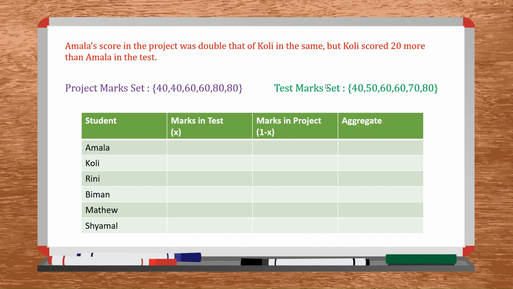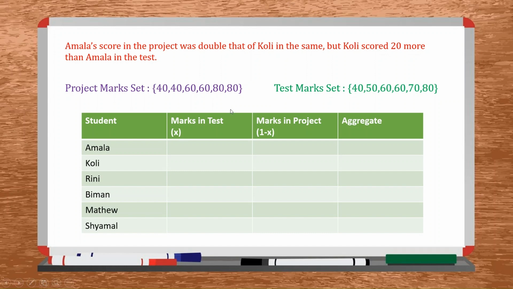So now, first thing is Amla's score in project was double that of Kohli in the project. So in project we know that we have 40, 40, 60, 60, and 80. So we have to take 40 and 80 as the subset of this to make it a double and half between Amla's and Kohli's scores.